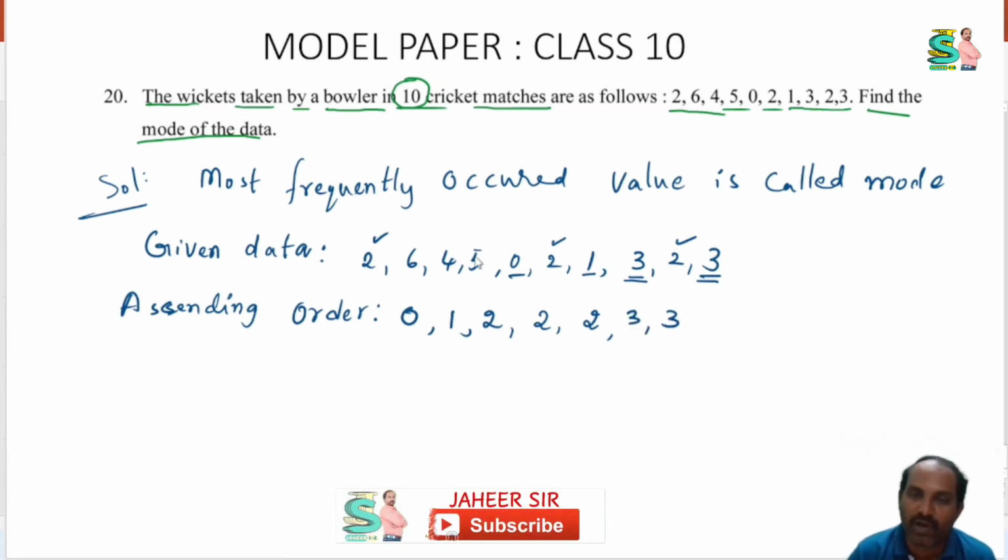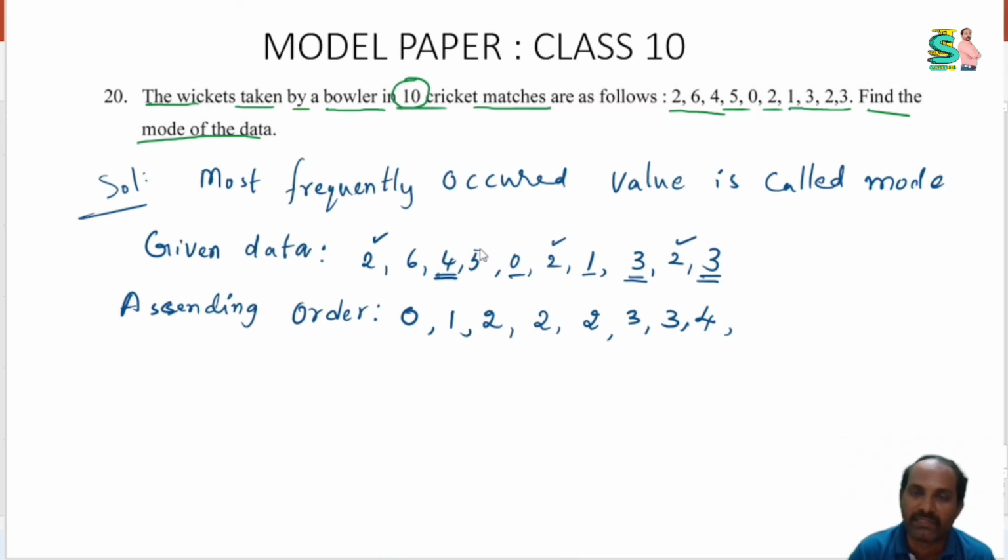Next how many 4's are there? Only one 4, that's why 4. Next 5, how many 5's? Only one 5, only one 6, 5 and 6. Now total count once, total numbers 10, 1 2 3 4 5 6 7 8 9 10. Okay, most frequently occurred, so many times. Which value comes here?